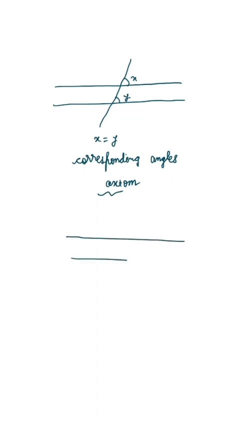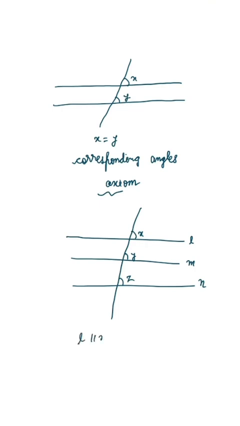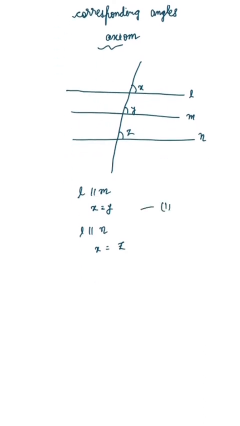Let's draw three parallel lines, and this is a transversal line, and we are marking the angles as X, Y and G. Let's name these lines L, M and N. Let's say L is parallel to M, then we can say that angle X is equal to angle Y. Similarly, we have assumed that lines L and N are parallel, so we can say that angle X will be equal to angle G. Now let's say this is equation 1 and this is equation 2.